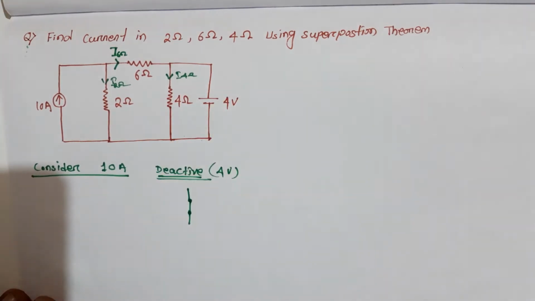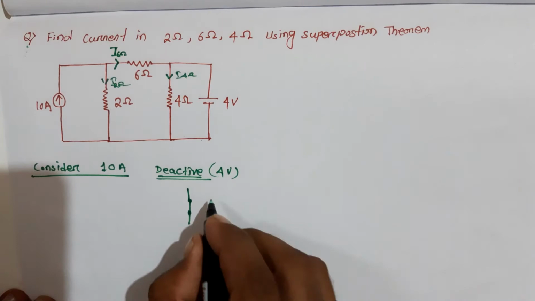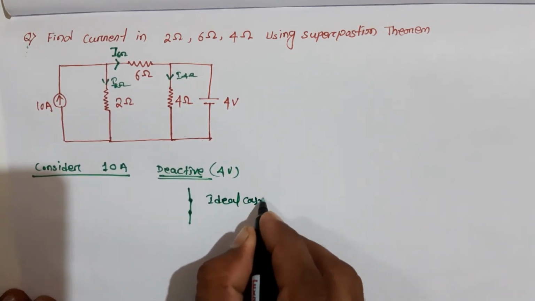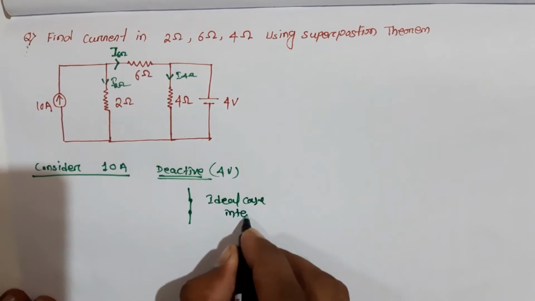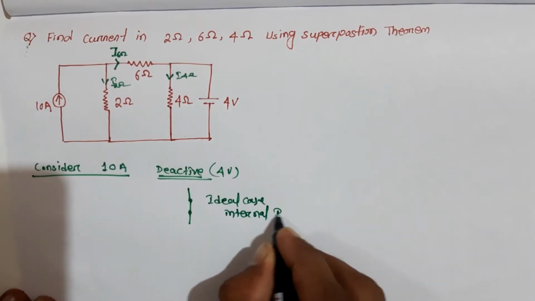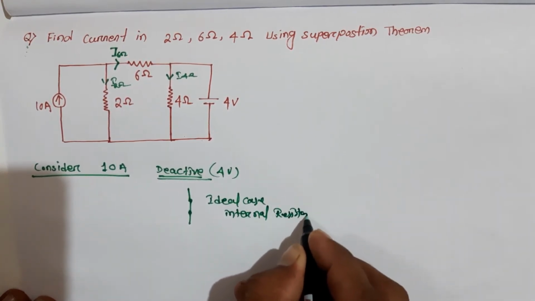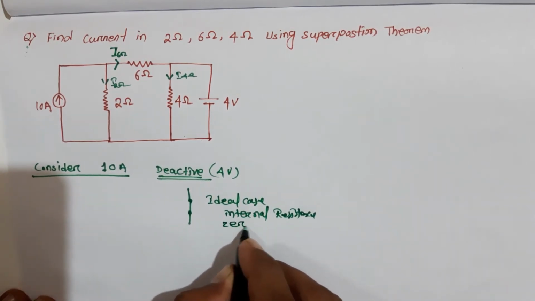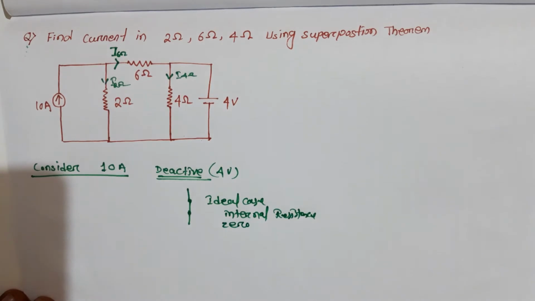In this case we use an ideal voltage source, so the internal resistance is negligible, zero, so it is to be short circuited.